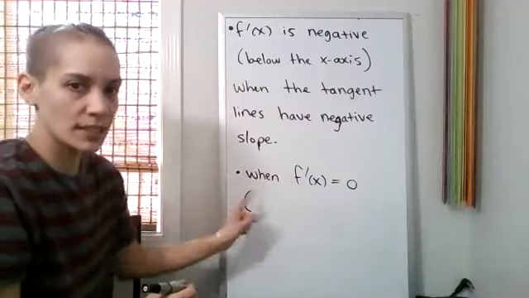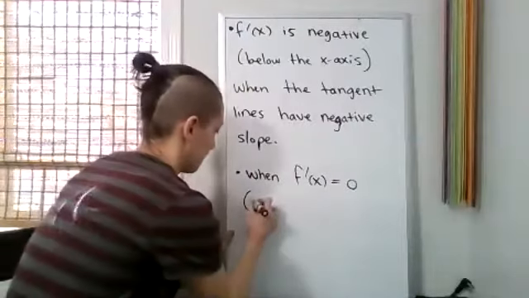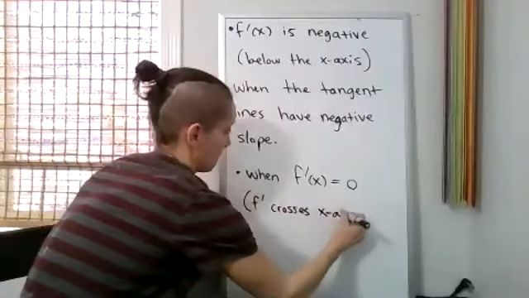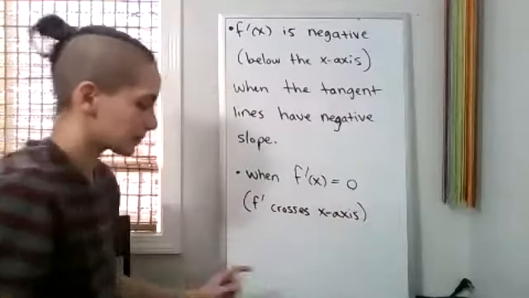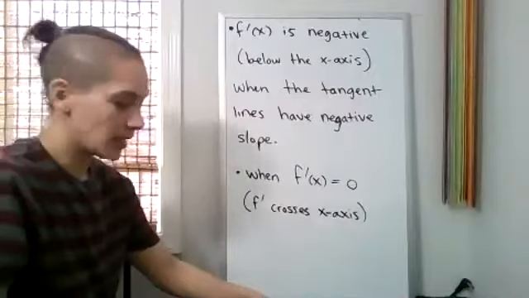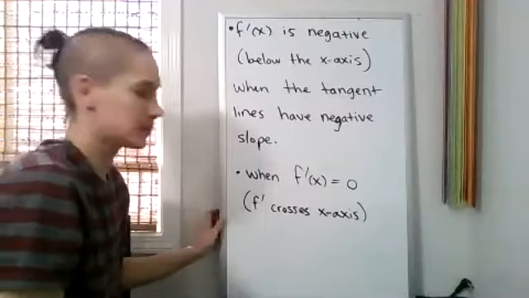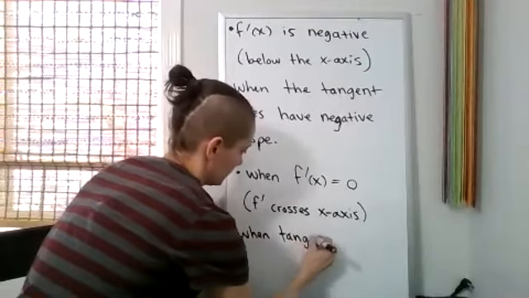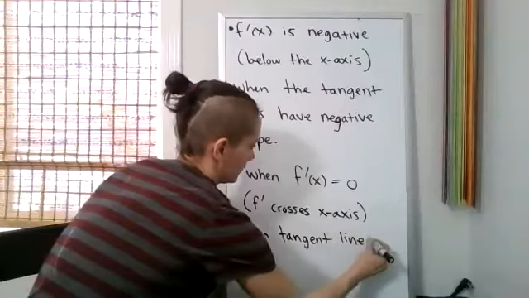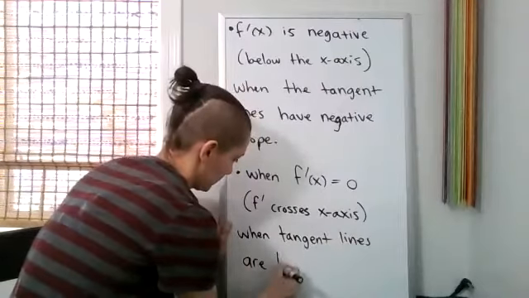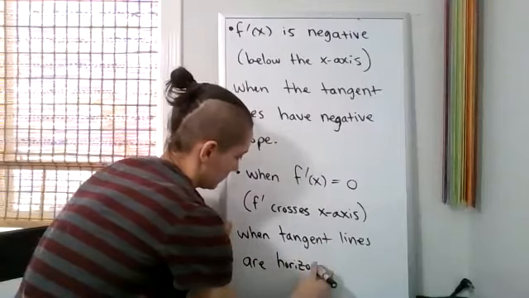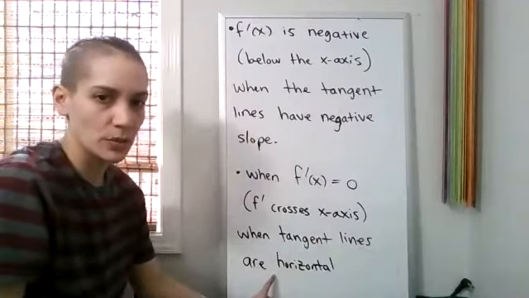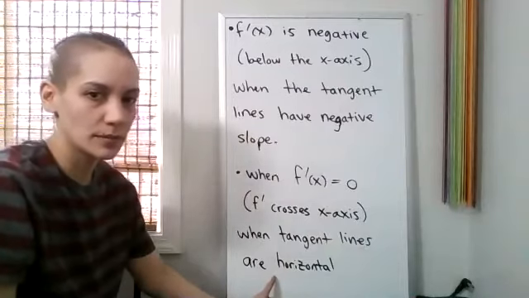The function f prime crosses the x-axis, and that's when the tangent lines are horizontal. Just a reminder, horizontal lines have no slope, or the slope m is equal to 0.